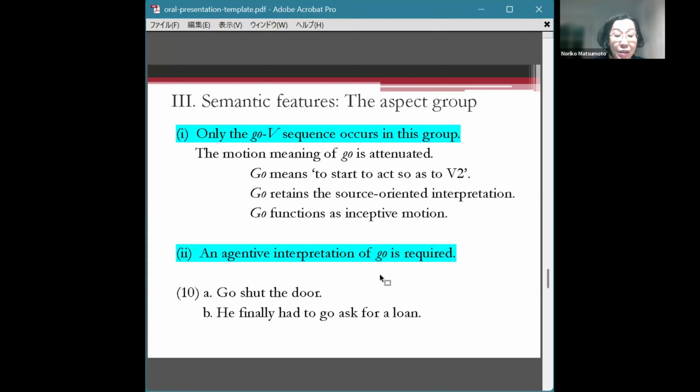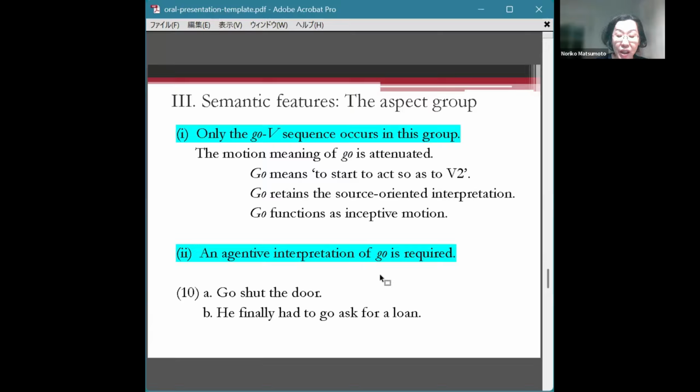Next, I'll explain the aspect group. The aspect group has two characteristics. One is that only the go-be sequence occurs in this group, as shown in 10. In this group, the motion meaning of go is attenuated. That is, the first verb go retains no sense of movement.